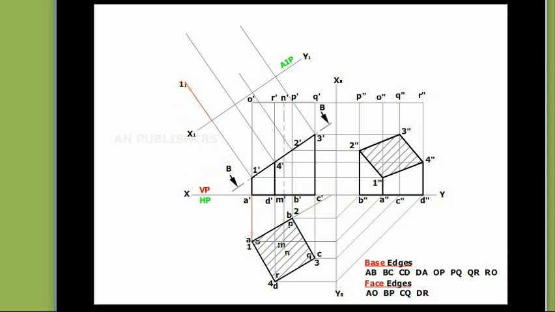After drawing all these lines, how did I do it? From this point, draw a perpendicular line perpendicular to BB or x1 y1. So how many points are here? 1, 2, 3, 4. 4 points. Next step is to take the distance of 1. I am talking about the top view.